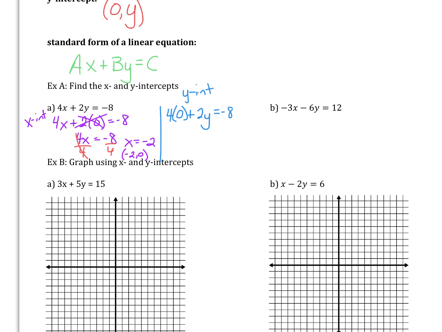You're going to get -2, and then -4. Ooh, close. I'm going to have 0 involved in it. So I'm going to get my 2y equals -8. Yeah, that's what I mean. You're going to divide, you're going to get -4. Yeah. So I'll get (0, -4) for my y.